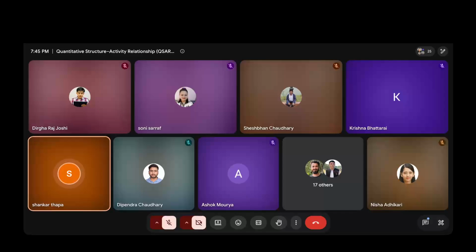For the initial 15 to 20 minutes I will explain the basics of QSAR and the steps involved. Afterwards we will go to the practical session, on how it can be done using open access software and databases. My main aim is to make you familiar with open access software and databases so that they can be useful in academic research, especially for students, because we don't have funding or financial support to do research in Nepal.